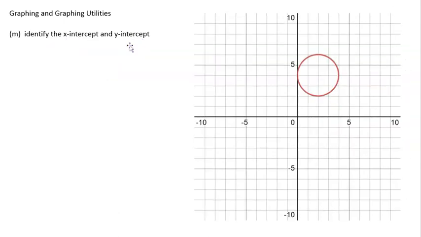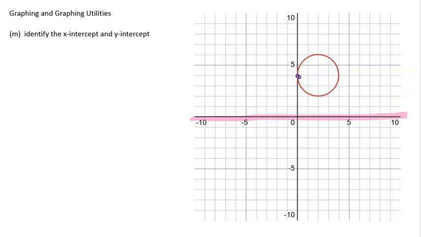And then the last one that I have in mind, right here. Here we go. What is the x-intercept? What is the y-intercept? Okay. Here's the x-axis. That circle, which is pretty cool, does not cross the x-axis whatsoever. Not at all. But it does touch the y-axis, and that is an intercept.